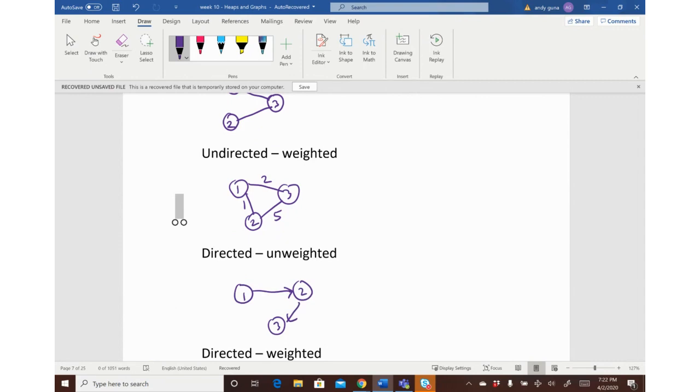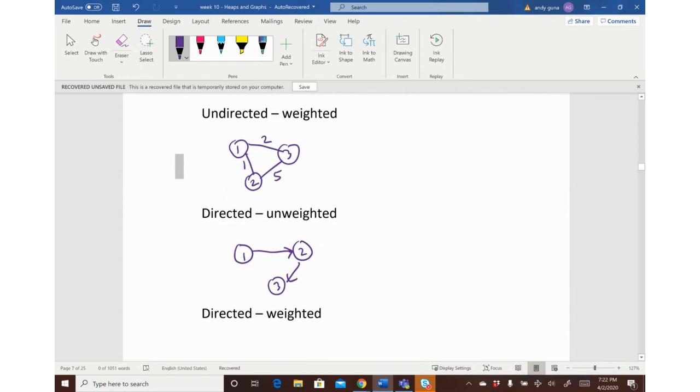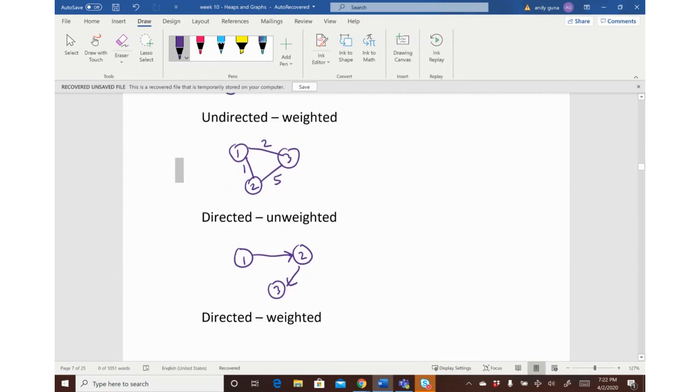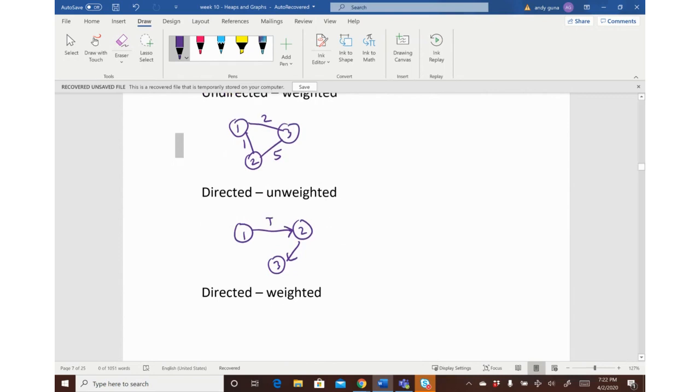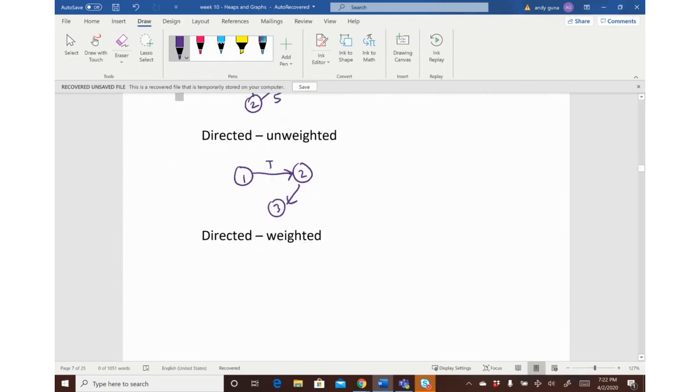So unweighted graphs are essentially saying there's an edge. It's true. There's a flight from 1 to 2, for example. Or you could have directed and weighted. So that's a directed and weighted graph.